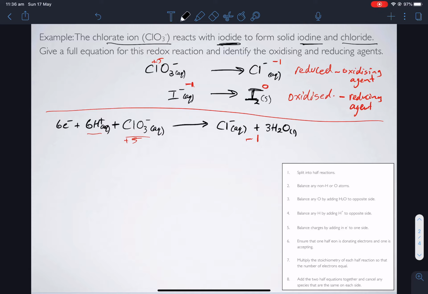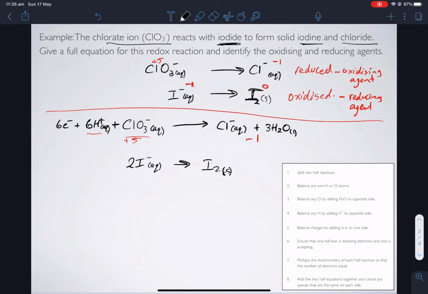Okay. Let's do the iodide to iodine one. Iodide to iodine. Okay, don't forget this first step. Balance any non-hydrogen or oxygen. We've got 1 iodine on the left, but 2 on the right. So we need to up that to 2 iodides. Okay, now balance any oxygens, there are none. Balance any hydrogens, there are none.